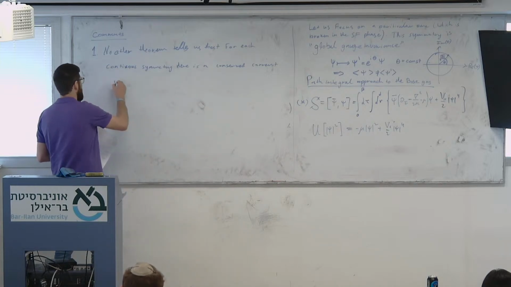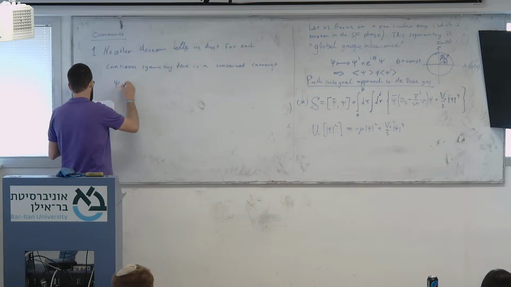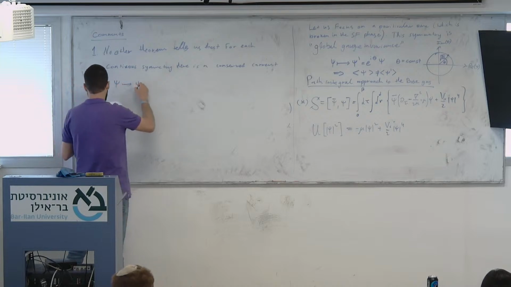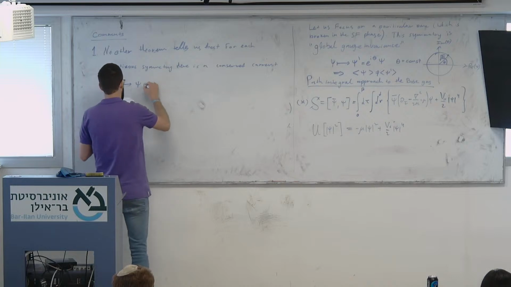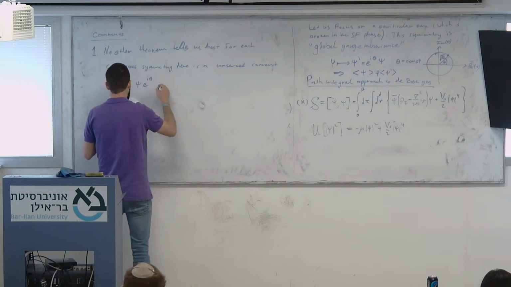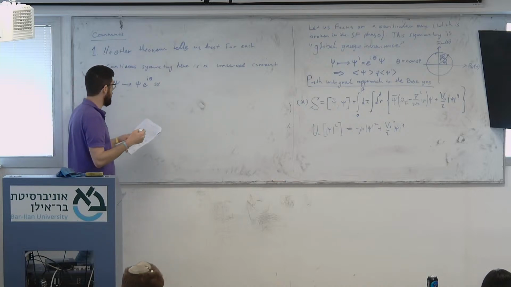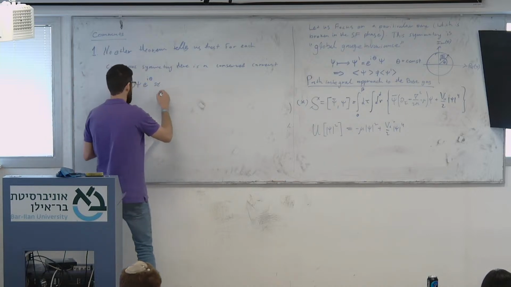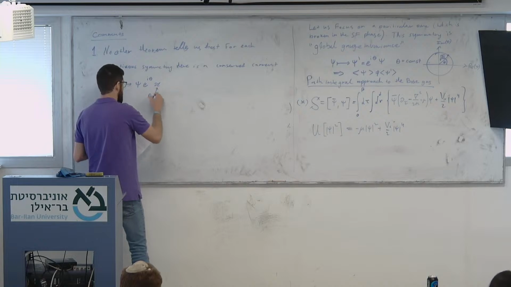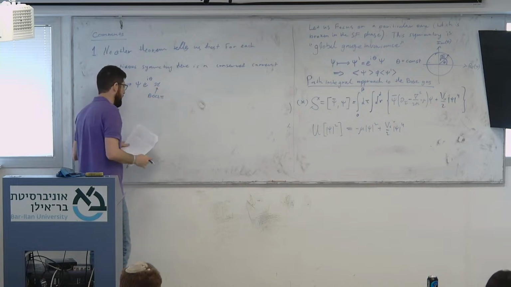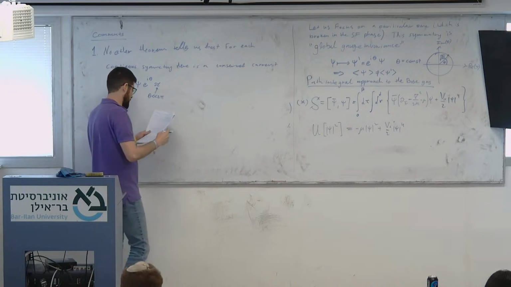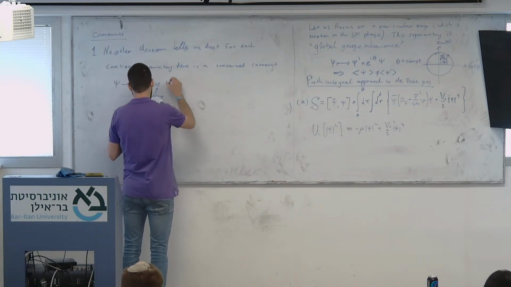To that end, let's think of the transformation again. The transformation, as we wrote it there, is something like this, if we think of theta as a small transformation, theta much smaller than 2 pi. This is how we construct the Noether current.